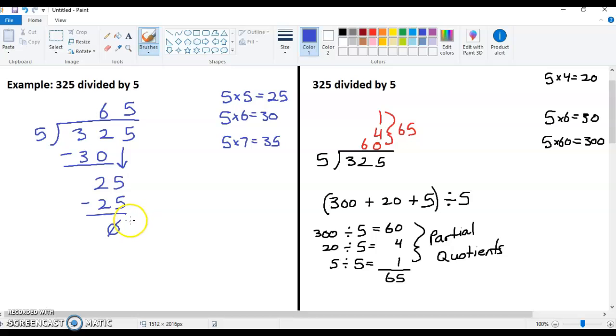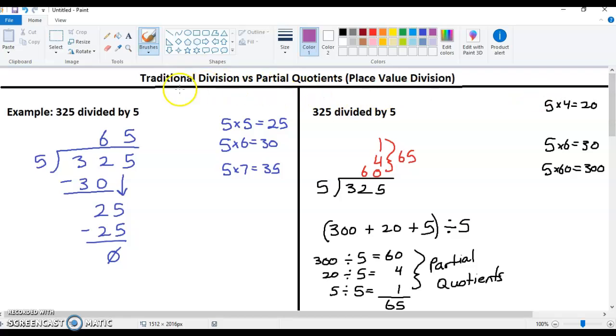There's nothing left over. But what you can see is that whatever method you use, if you use the traditional method right here, or if you use the partial quotients, like this one right there, whatever you decide to do, you're going to come to the same quotient or answer.